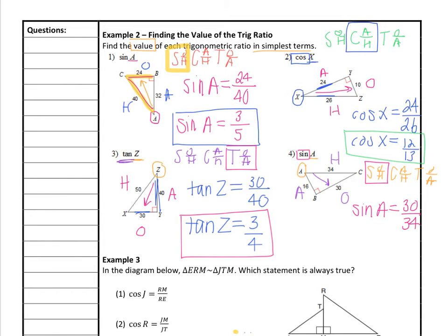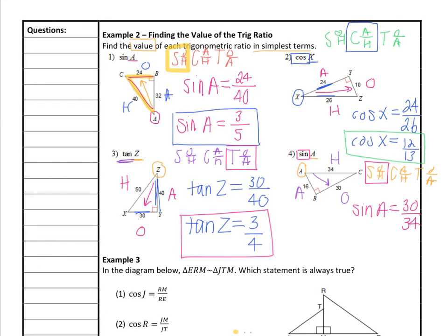So looking at this one here, we had sine of A. So again, the first thing I did was I circled letter A. I said, all right, from A's perspective, 30 would be my opposite side. Across from the right angle is my hypotenuse, so 34, and then the leftover piece here, that's my adjacent side. I wrote out my 3 trig ratios. I went back and I said, okay, I'm focusing on sine, so I need O over H. So sine of A equals, well, my O was 30, the H was 34, so I'm up to this point right here.